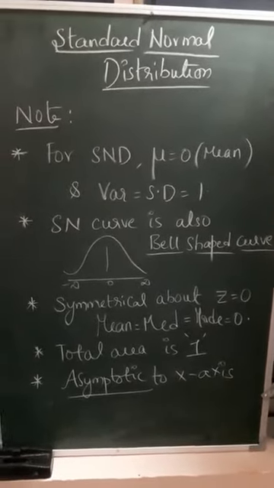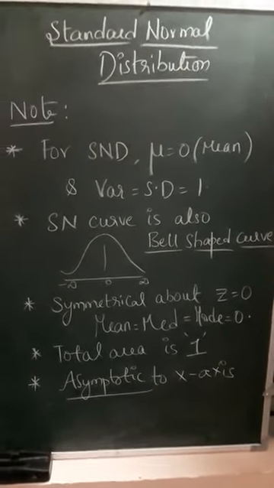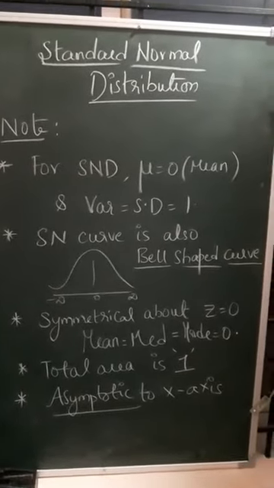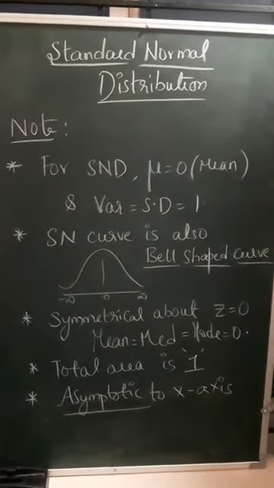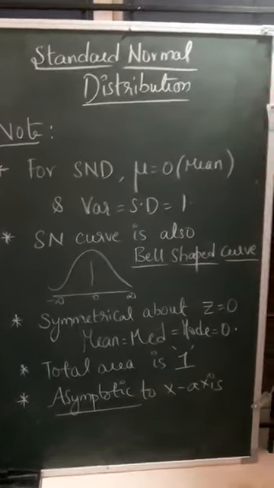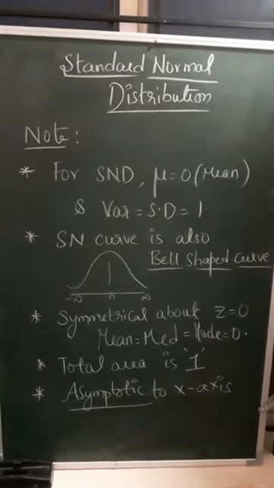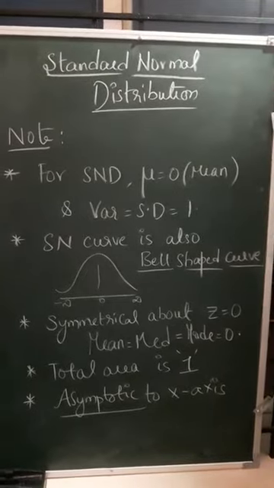Second property, the standard normal curve is also a bell-shaped curve, just like a normal curve. It lies between minus infinity and plus infinity, within plus or minus 3 sigma limits. Same. Next, this standard normal distribution is symmetrical about z equals 0.